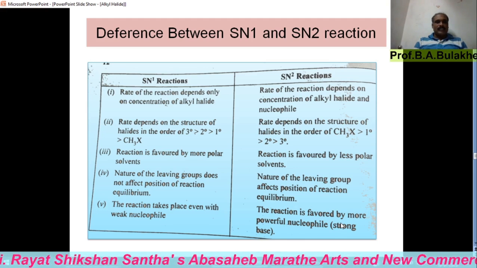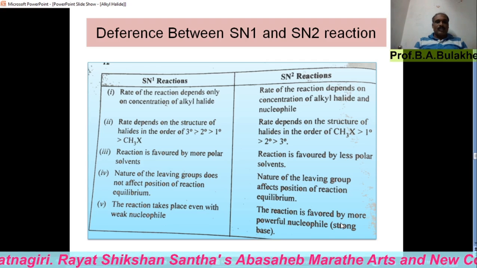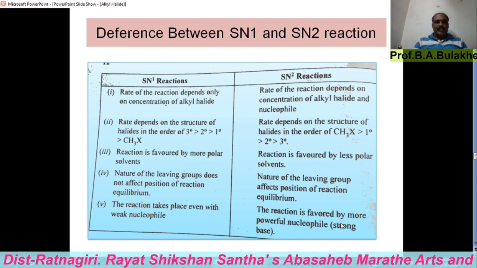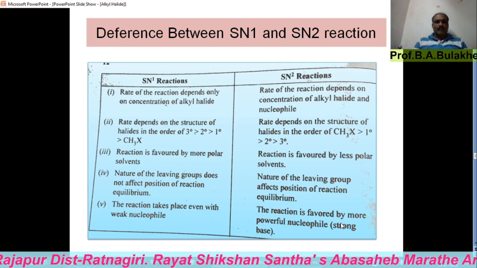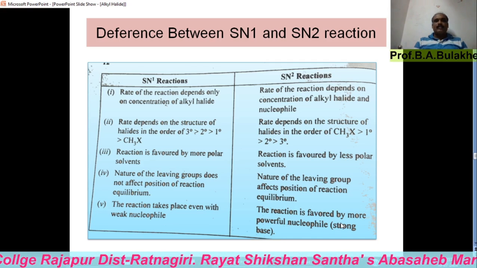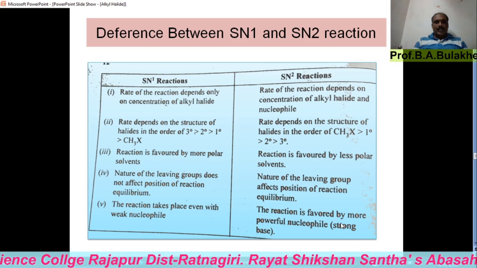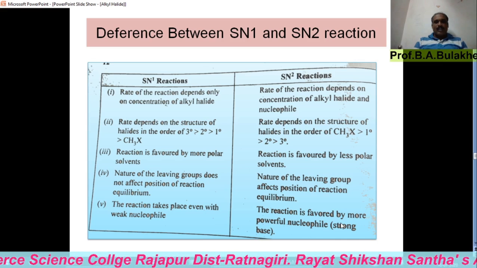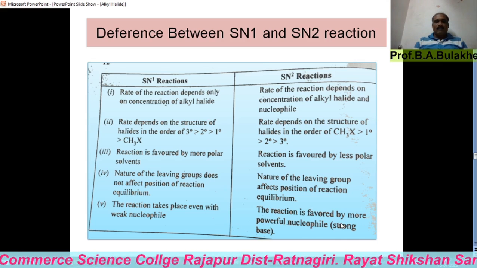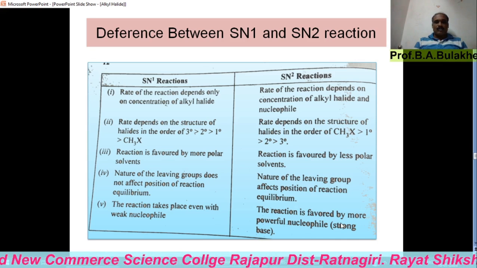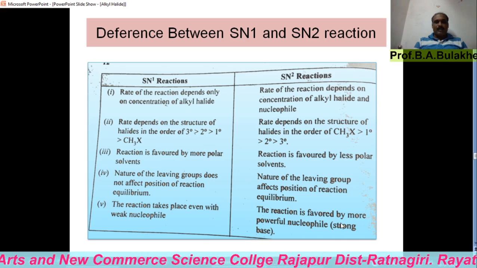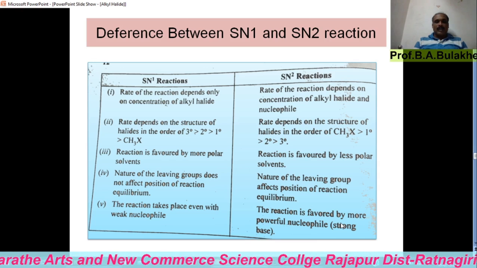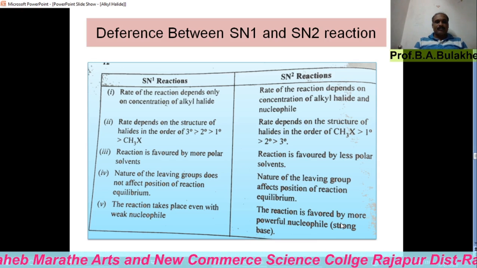Next point, in SN1 reaction, the nature of the leaving group does not affect the position of equilibrium. In SN2 reaction, the nature of the leaving group does affect the position of reaction equilibrium because these steps take place in the RDS.